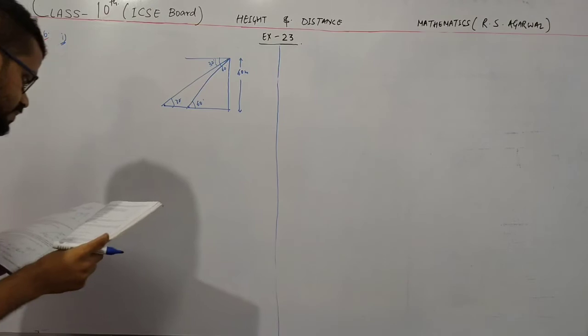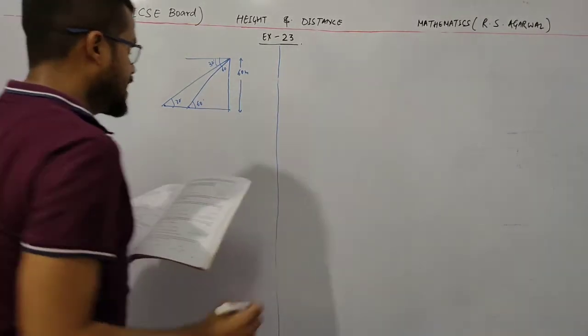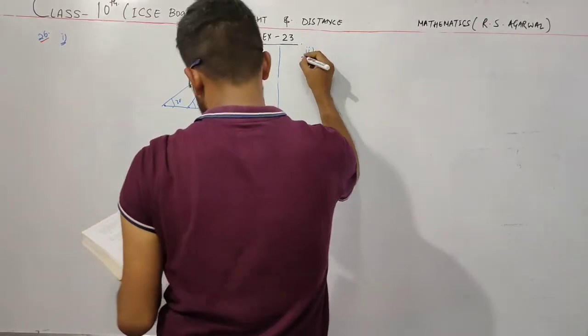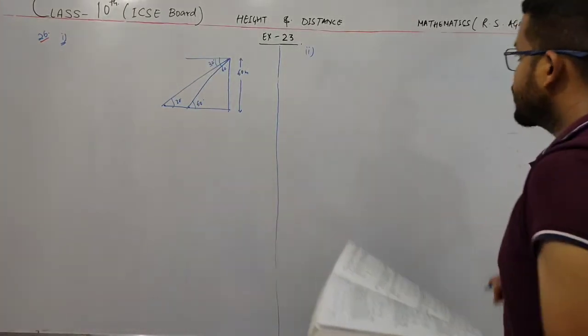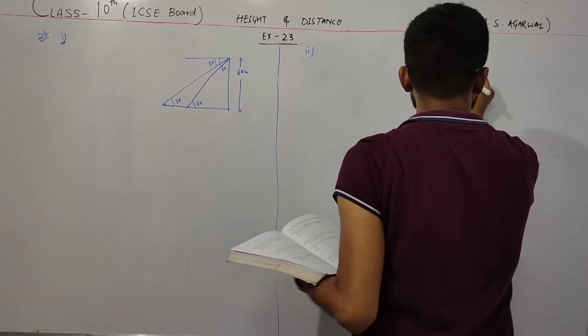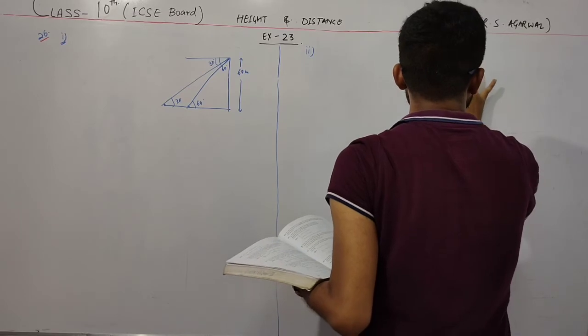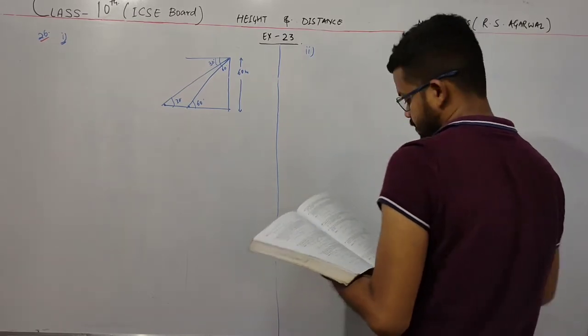Okay, 60 meter high, this is given. And the second condition is on the opposite side of the cliff. Here the cliff is 60 meter. Okay, this 60 meter is given.